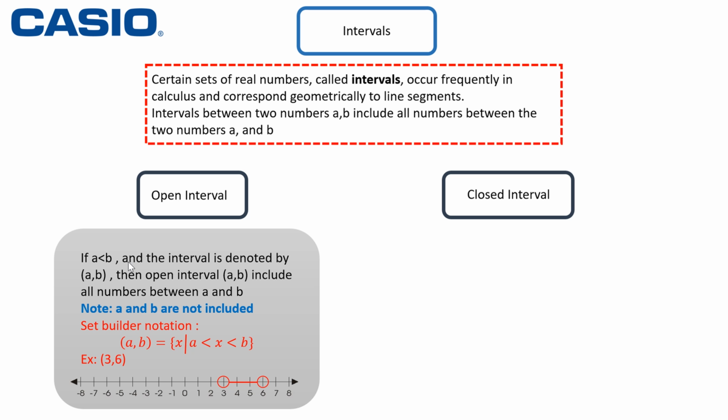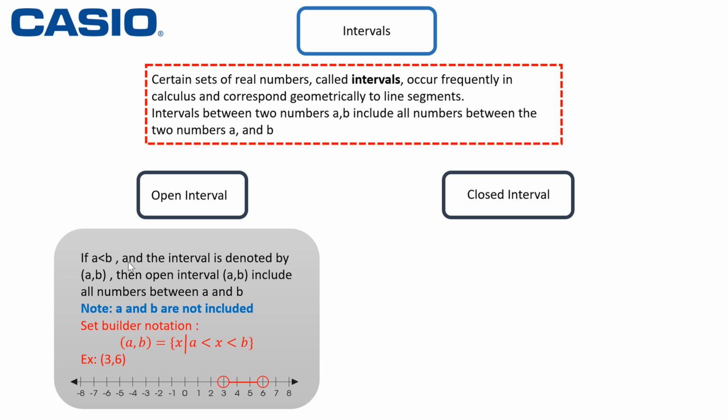In set builder notation, we can say that the open interval (a, b) is equal to any number x, such that x belongs to the interval between a and b, such that a and b are not included.